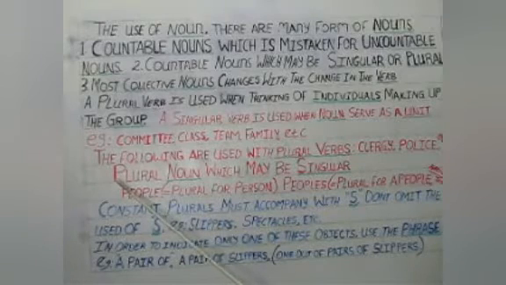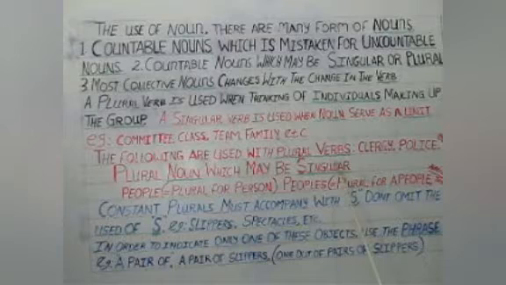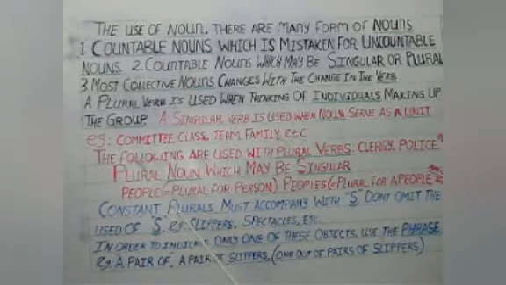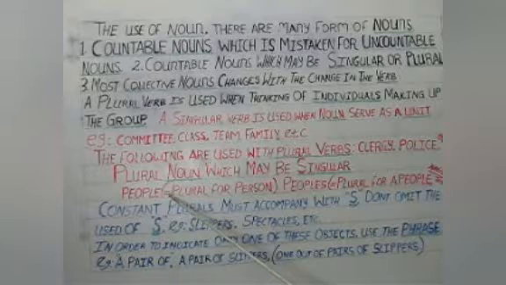Next to that is the plural noun, which may be singular. There are nouns which are plural nouns, but they appear to be singular even when they are not singular nouns. For example, people is a plural. We all know that.